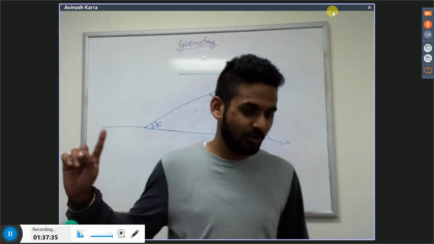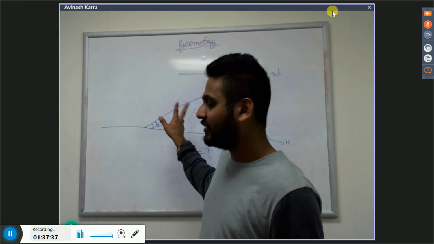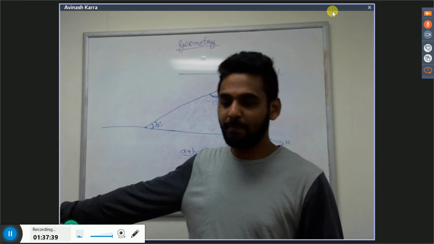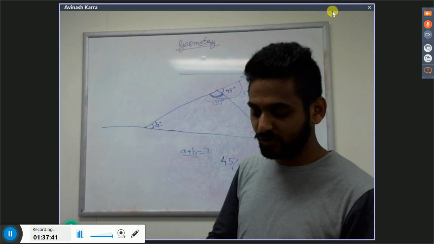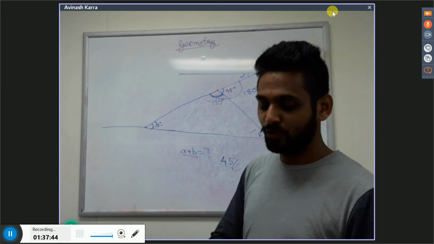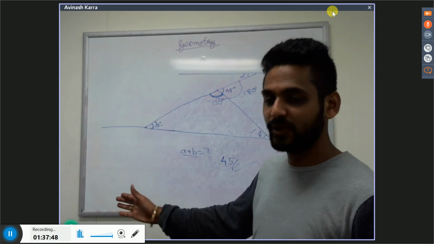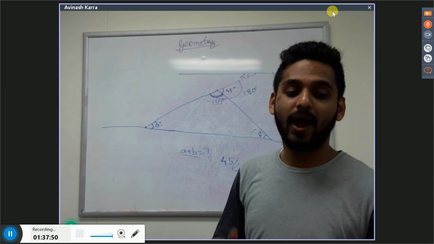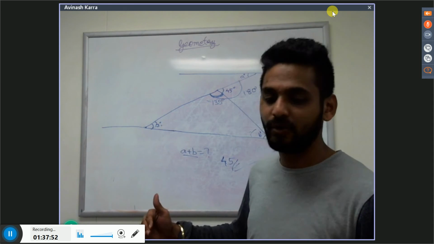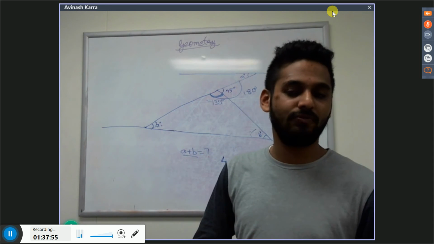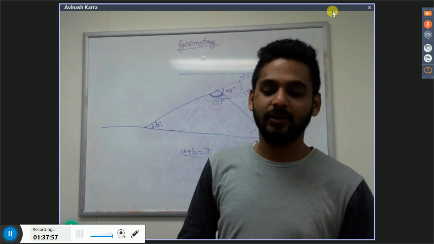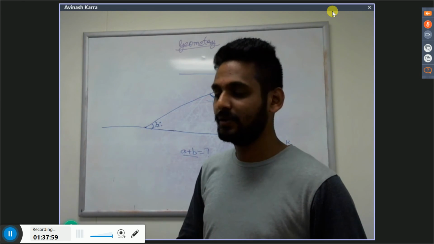Before that, go through all the examples I explained. Give a reading. Do them without seeing the solution, and then go to the exercise problems. After finishing your exercise problems, you will have some confidence in geometry. Believe me.